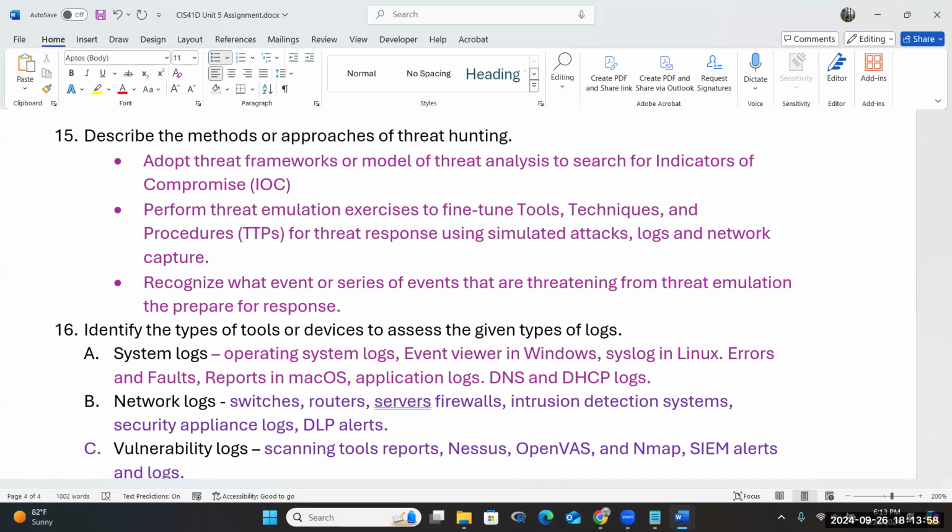So 16, identify the type of tools or devices to assess the given types of logs. So when we say system logs, then we would assume that it could be many or multiple different operating systems. So we would revert back to operating system logs. So for Windows, we would refer to Event Viewer, which gives you errors, applications, security logs, all of that in one console.